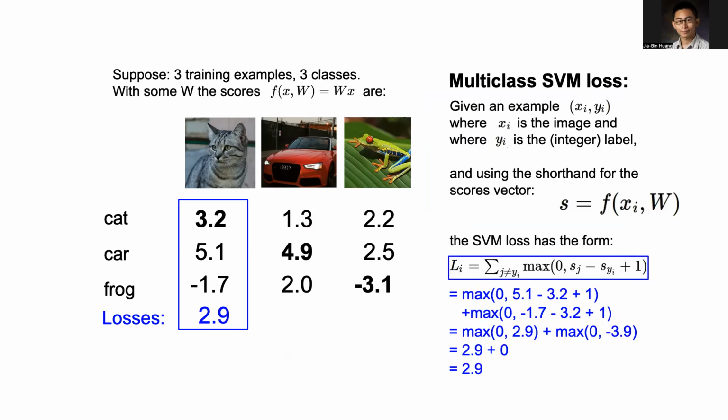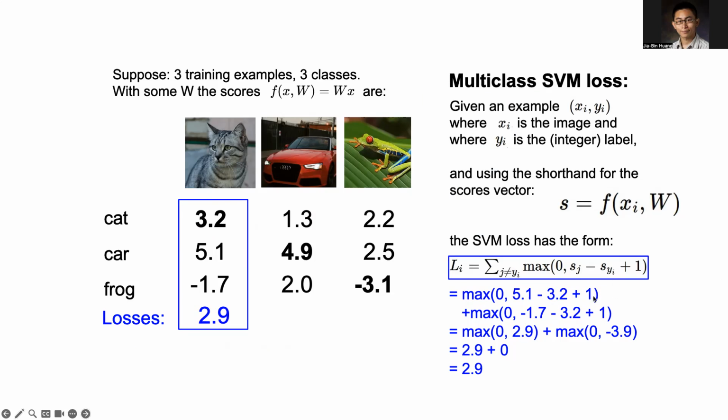Okay, so let's walk through an example here. All right, if you look at this example, the loss function looks like this. You should take this guy, the 3.2. It should be the max of 0 and 5.1 minus 3.2 plus 1.